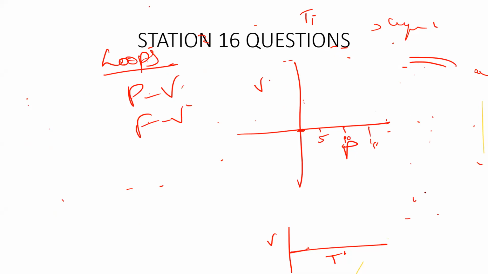In volume control ventilation, you set a tidal volume of 500, respiratory rate of 12 per minute, PEEP of 5, flow of 60 liters per minute. If you keep PEEP 0, the loop will start at the 0 point. If you keep a PEEP of 5, the loop will start here. If you keep a PEEP of 10, the loop will start here.